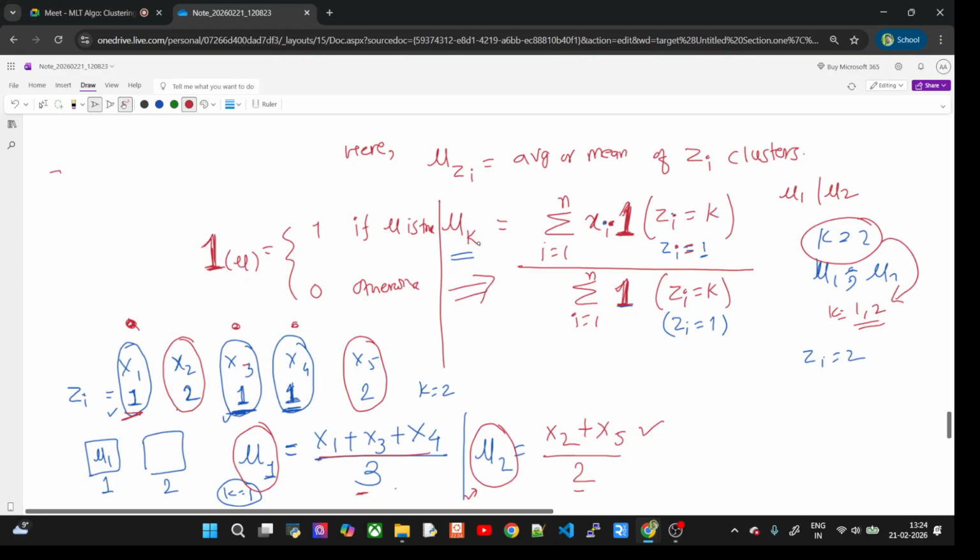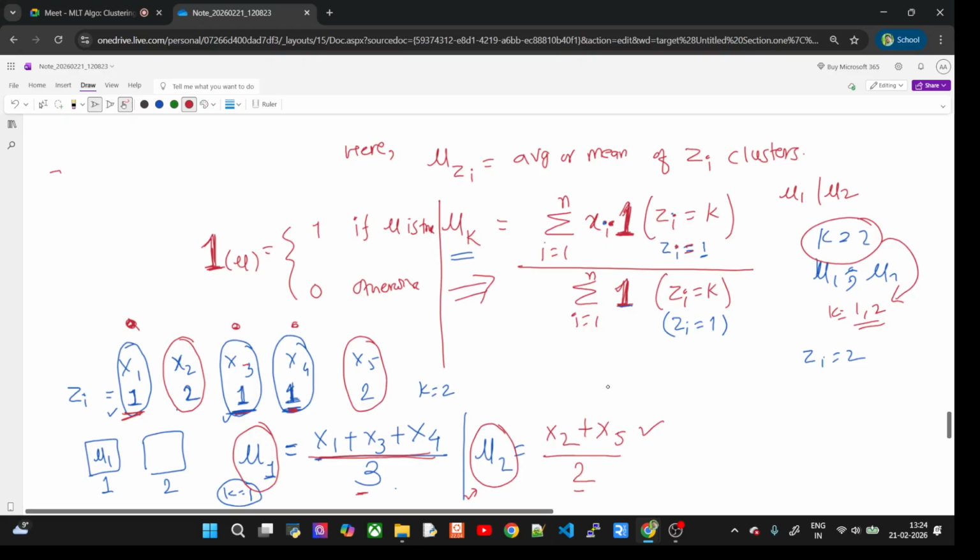If someone asks you to calculate the mean of the first cluster, you check the points and their cluster indicator. If the indicator is 1 1 1, they go into one group, x1 plus x3 plus x4 divided by 3, since they come 3 times. The same way x2 plus x5 divided by 2.